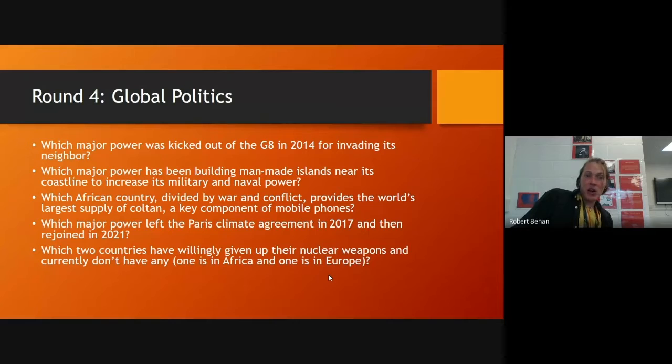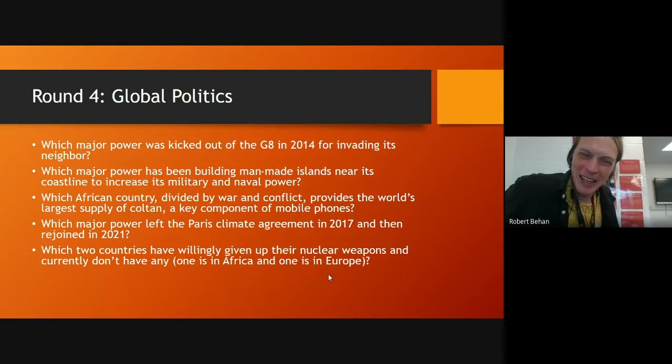Which major power has been building man-made islands near its coastline in order to increase its military and naval power? I'll give you a clue there. It's not the UK. I mean, whether the UK is a major power or not anymore is debatable.